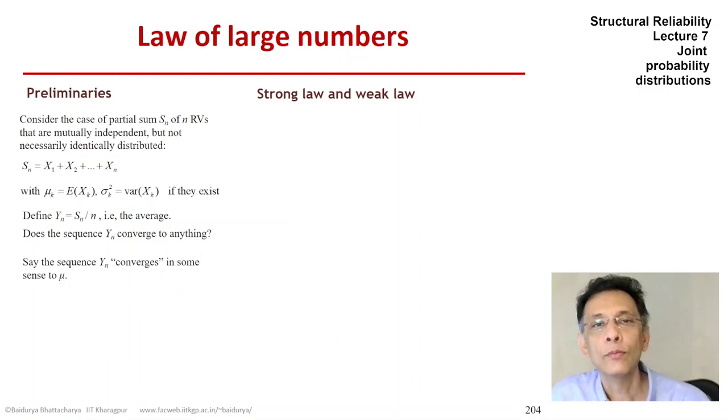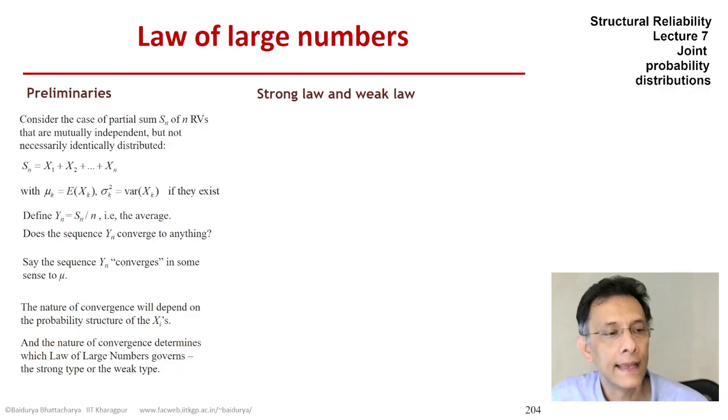And now if the sequence Yn converges to some number mu, then the nature of the convergence depends on the probability structure of the individual random variables, and that determines in turn which law of large numbers governs, whether it's the strong law or the weak law.